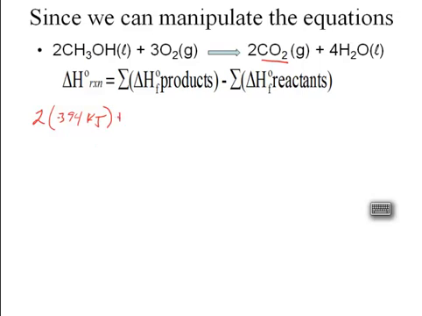So that plus 4 heats of formation of water, so 4 times a negative 286 kilojoules. Now remember, it's the sum of those. So all that added together minus the sum of the reactants. So minus, and then I find methanol there.